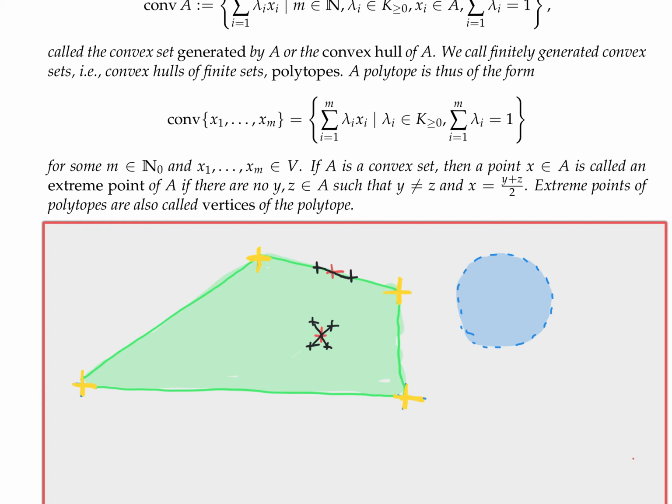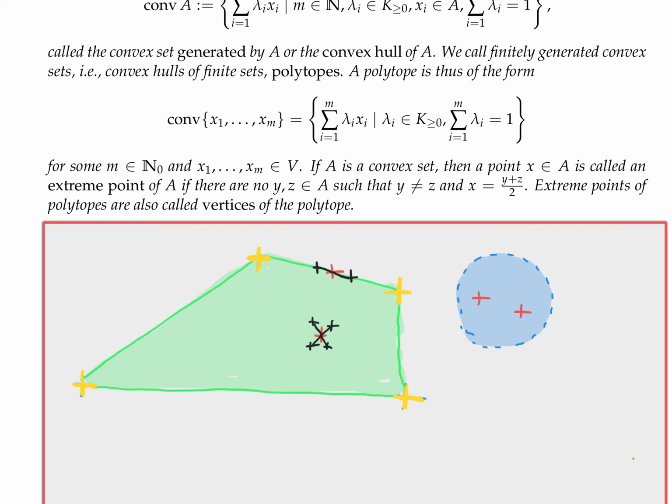Well, this is certainly no extreme point, this is no extreme point. Actually, no point is an extreme point, because the boundary points are not included in the set, and a point has to be included in the set to be an extreme point. So here you have no extreme points.